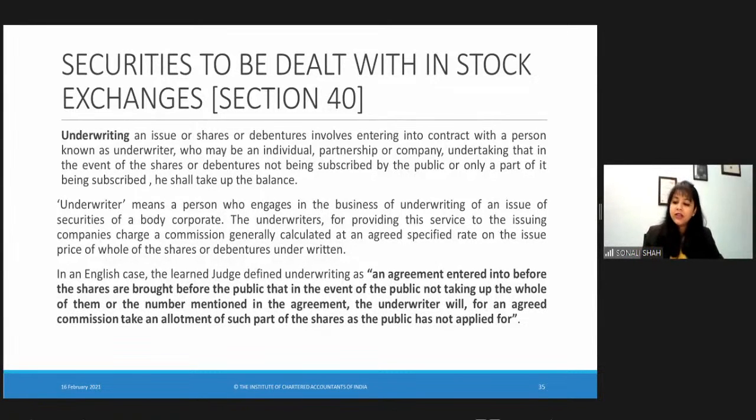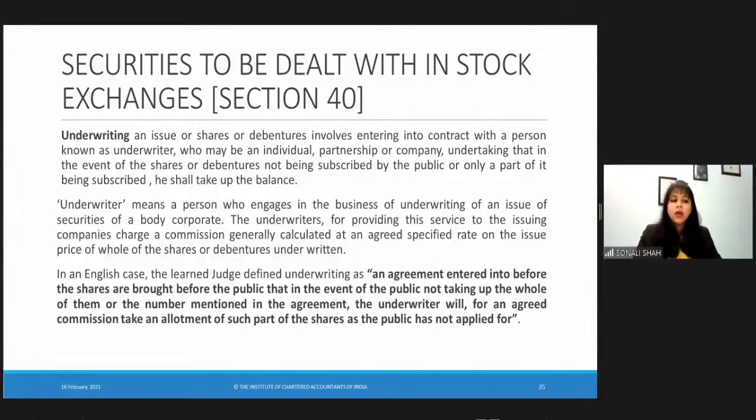Let's say the company requires 10 crore rupees minimum, bare minimum, to execute the plan of business expansion that it wants to. Let's say it rolled out shares for 15 crore rupees. The company would want at least 10 crore worth of shares to get subscribed.